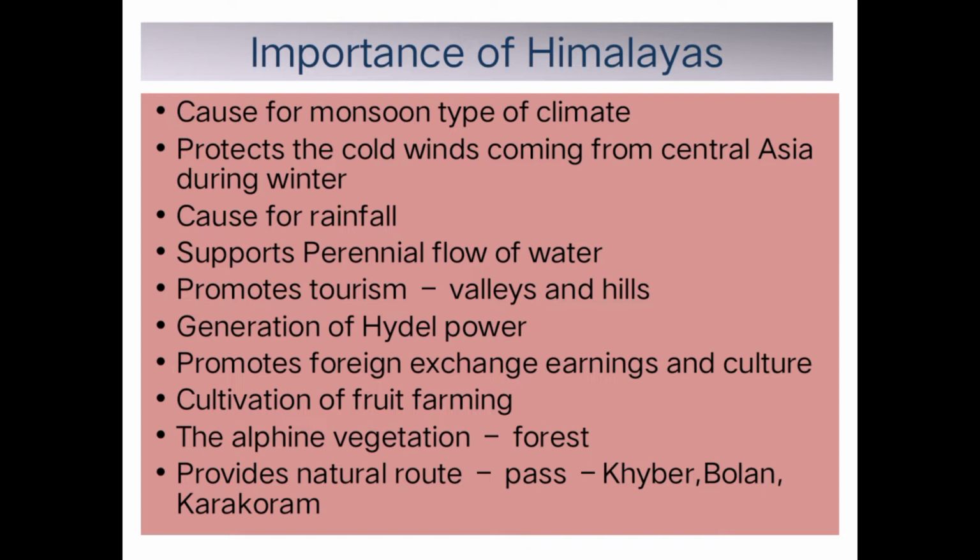This is the main cause of rainfall. It supports the perennial flow of water of the Ganga, Yamuna, Brahmaputra, Indus, and the five tributaries of it: Jhelum, Satluj, Chenab, Ravi, Beas. Many such rivers have their origin in these mountain ranges.